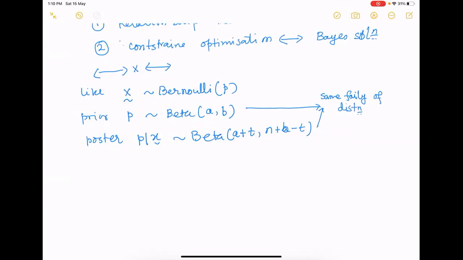And this is a very interesting property, because if you have a likelihood for which you can construct a known distribution such that the posterior also belongs to the same family of distribution, such a prior distribution is known as a conjugate prior. So all we have to do then is just figure out the parameters of that conjugate prior. And conjugate priors actually make our life much simpler.